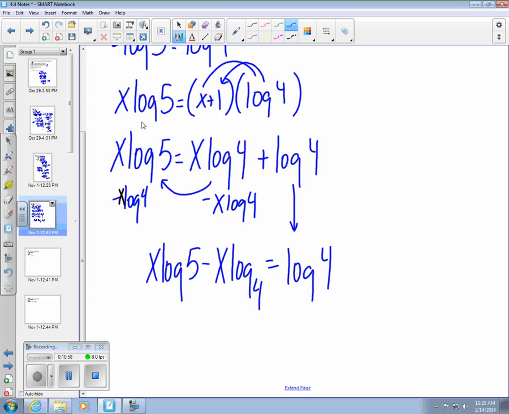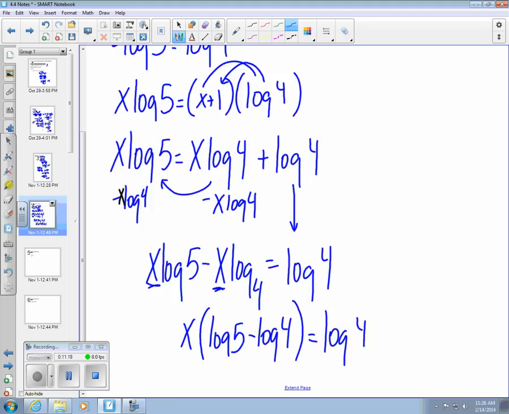Forgot the x there. All right, sorry about that. If we keep going, we'll notice both of these terms have an x in them, so we can factor an x out. So we have x times log base 10 of 5 minus log base 10 of 4 is equal to log base 10 of 4.